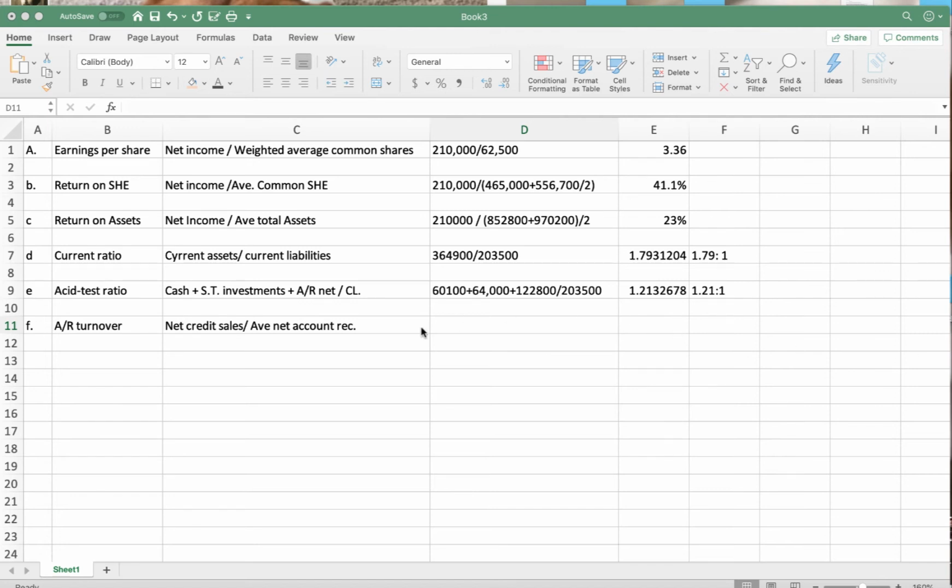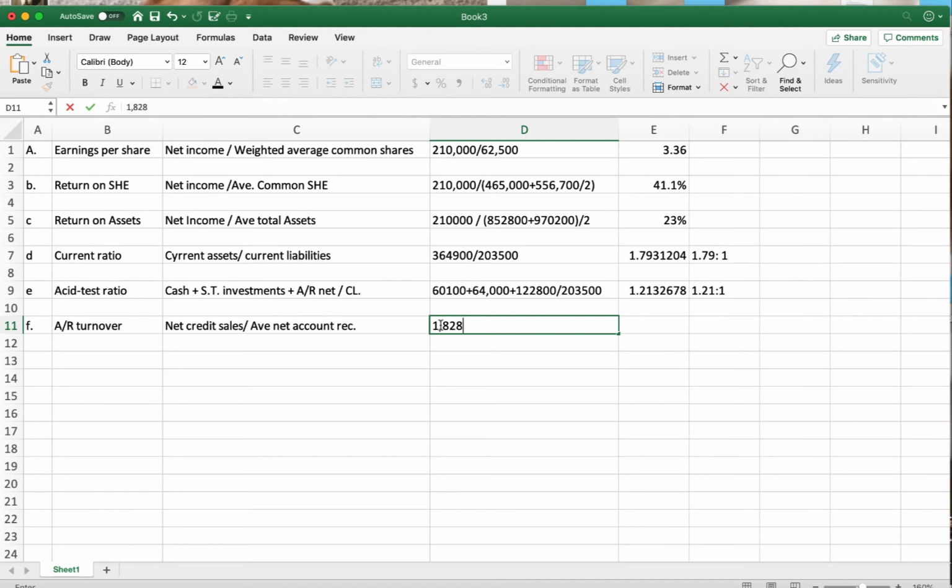So what we're going to do is we're going to take our net sales of $1,828,500, and we're going to divide by the average net accounts receivable.